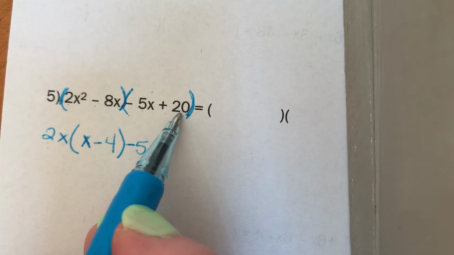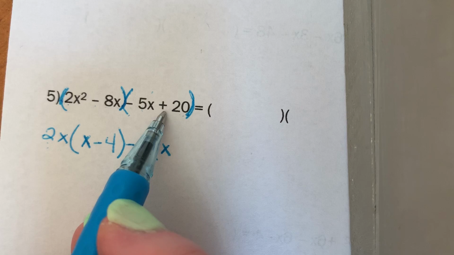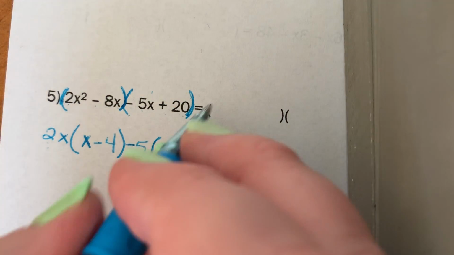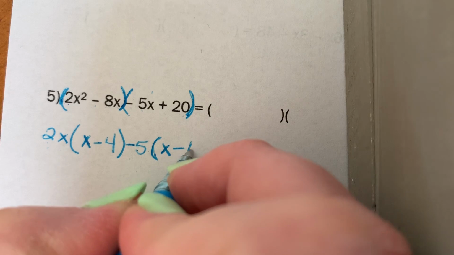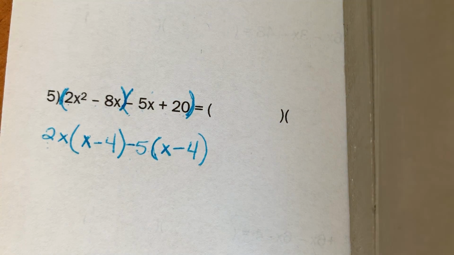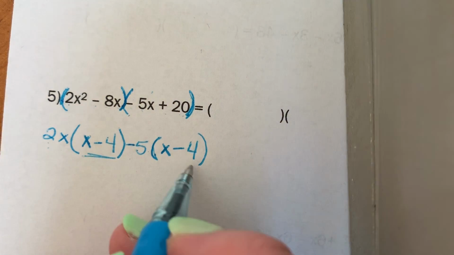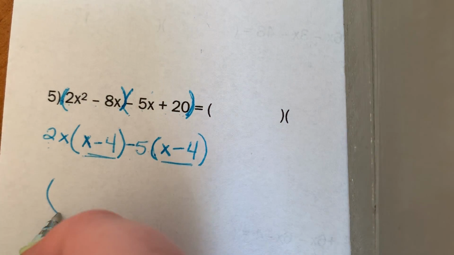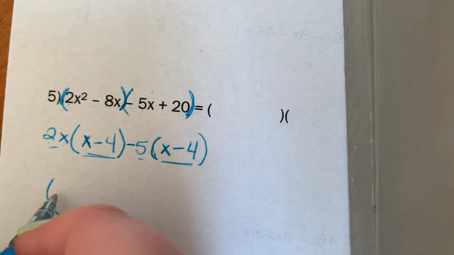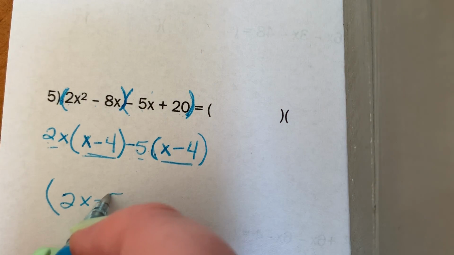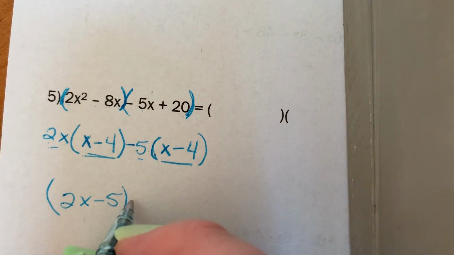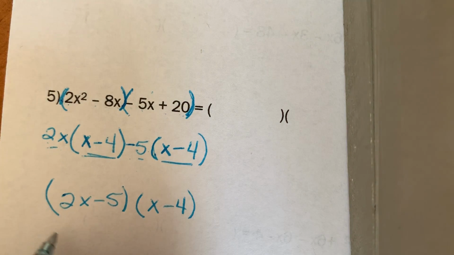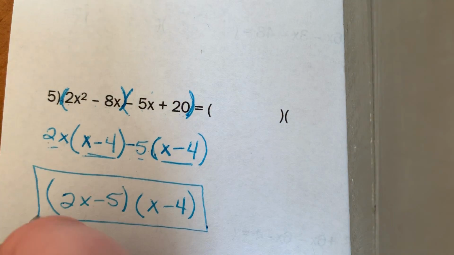This is a positive 20 divided by a negative. Positive divided by a negative is a negative. 20 divided by 5 is 4. So make sure what's in parentheses match. Ours do, so we can move on. So you're going to put your greatest common factors together. So in this case, it's 2x and negative 5. And then put the remainders together, x minus 4. This is our answer.